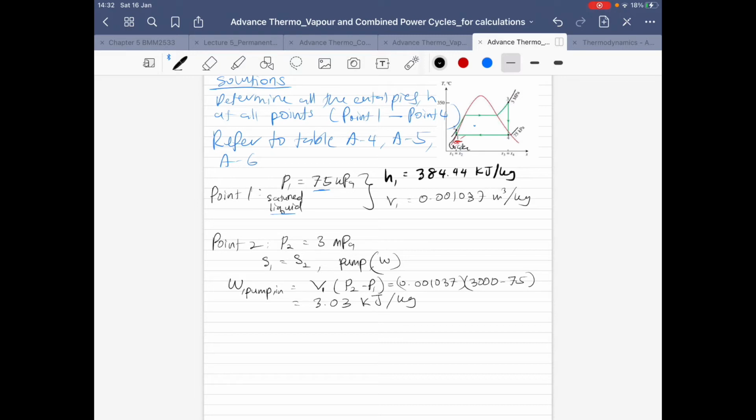How about the enthalpy at point 2? So H2, enthalpy at point 2, is equal to H1, enthalpy at point 1, plus the work of the pump.